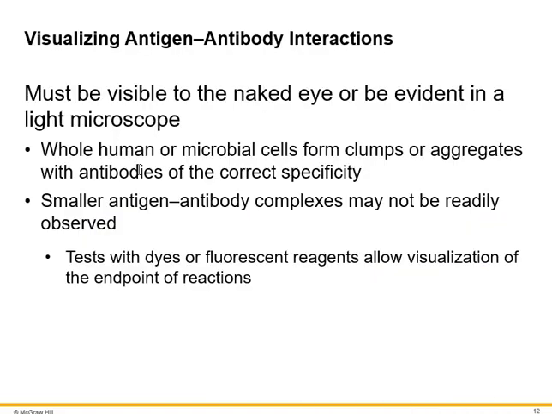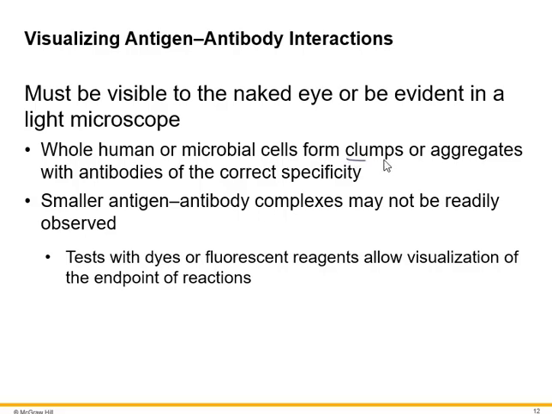So visualizing, and again, this is something I mentioned before, you have to be able to see it with the naked eye, or it has to be evident in a light microscope. With whole human or microbial cells, they can form clumps, and usually those are visible.